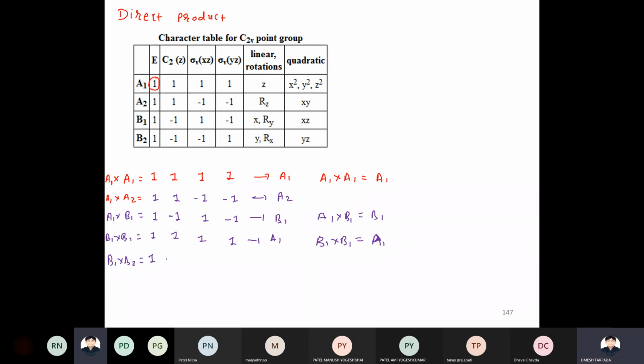Then B1 cross B2, again 1, minus into minus becomes plus. 1, minus 1, that is minus 1, minus 1. So answer is B2. Which representation does this resemble? Like B2, sir, minus A2. Answer is like A2. Good. It's A2, good. So we have taken B1 cross B2 is equal to A2.